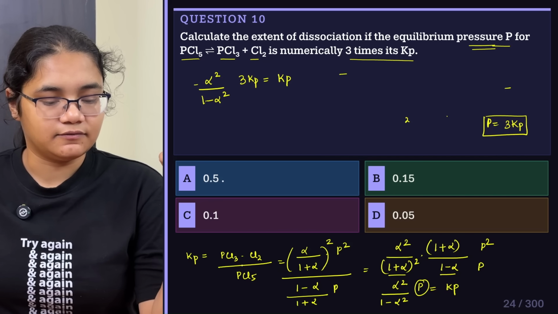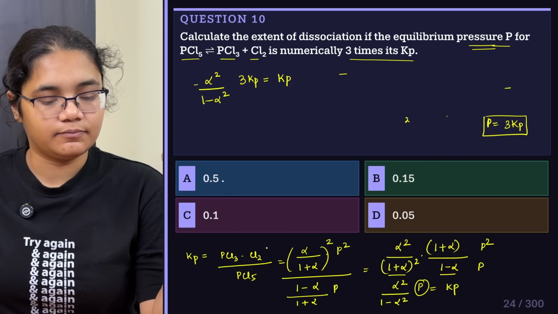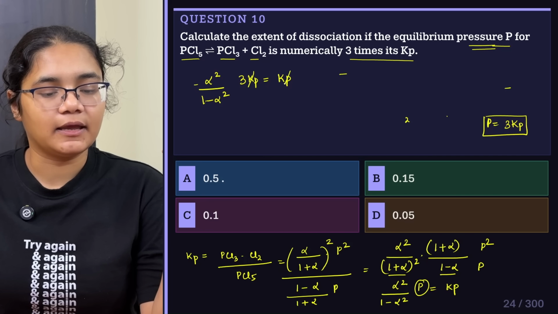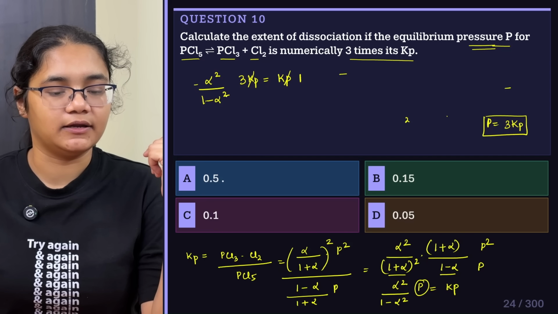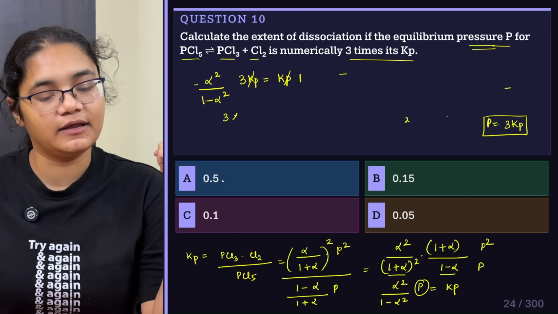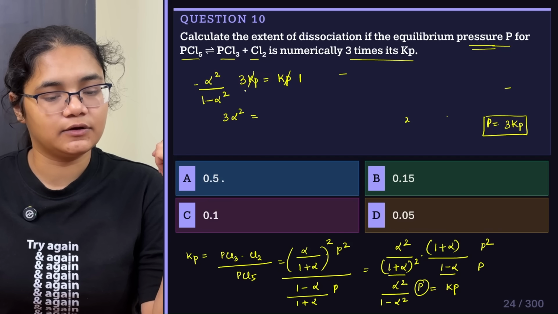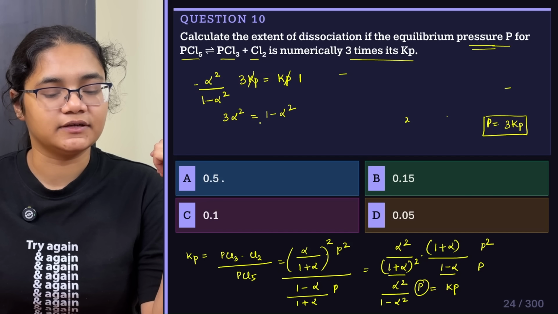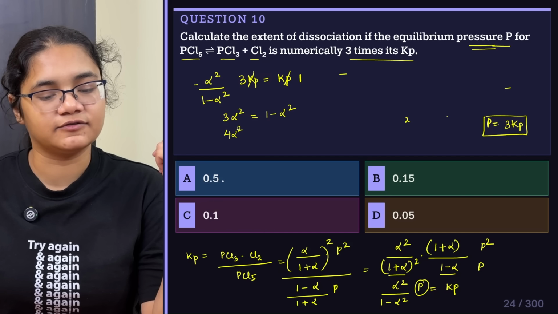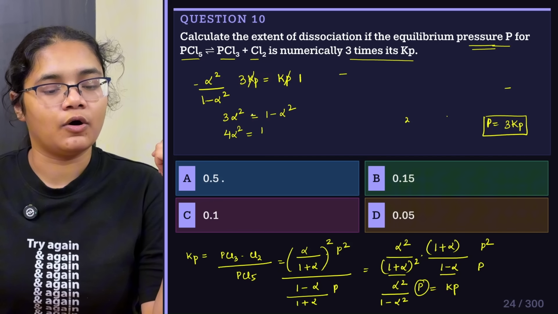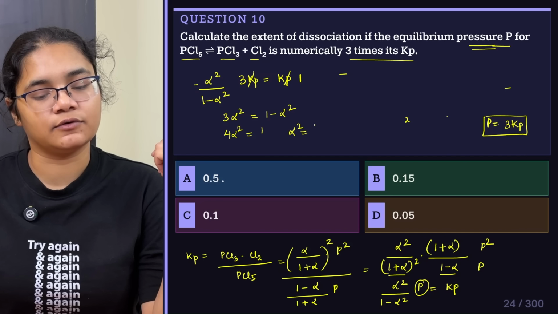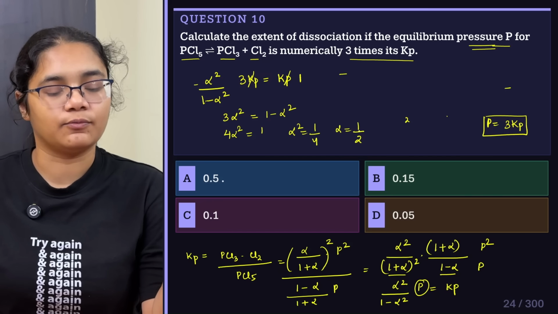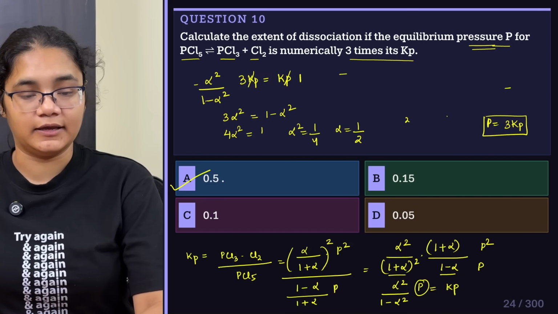Let me just check that I have got the correct values here. Yeah. So now Kp will get cancelled. I have 1 here. So now you can multiply: 3 alpha square is equal to 1 minus alpha square. This side it comes here. So that gives me 4 alpha square is equal to 1, or alpha square is equal to 1 by 4, or alpha is equal to 1 by 2, or 0.5, which is option number A here.